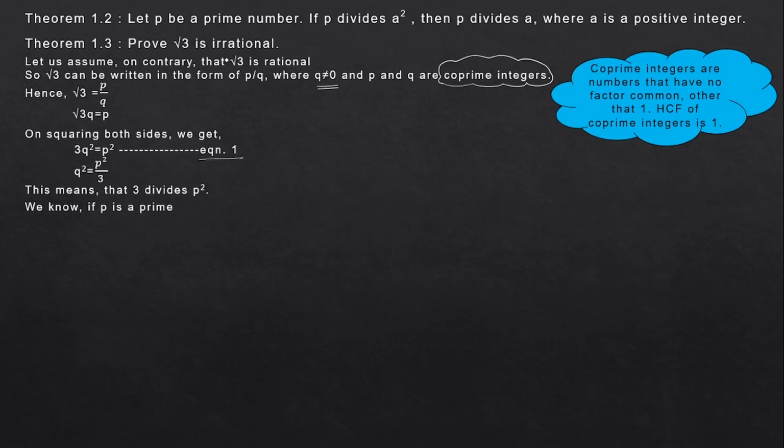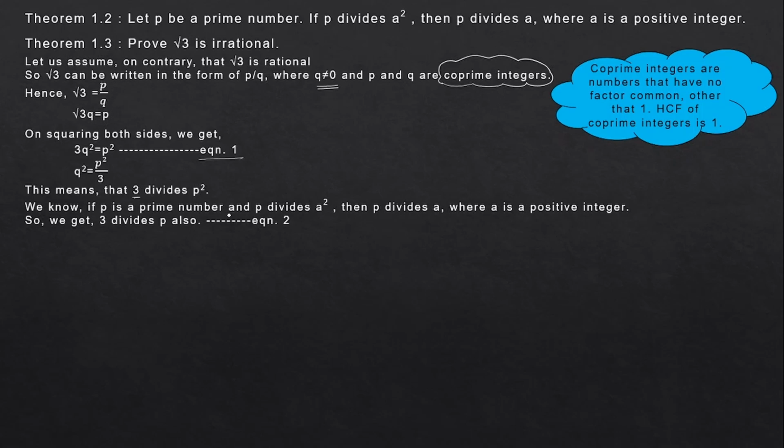Now we have just studied a theorem that if p is a prime number and it is dividing the square of a number, then it will divide the base also. So since 3 divides p square, 3 also divides p. Correct? Now if 3 divides p, that means when p is divided by 3, I am getting some integer quotient. For example, if I say 2 divides 10, what does it mean?